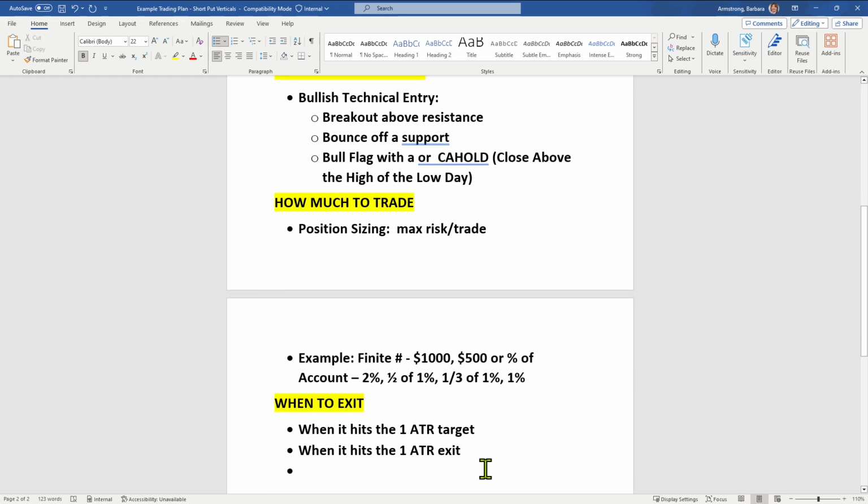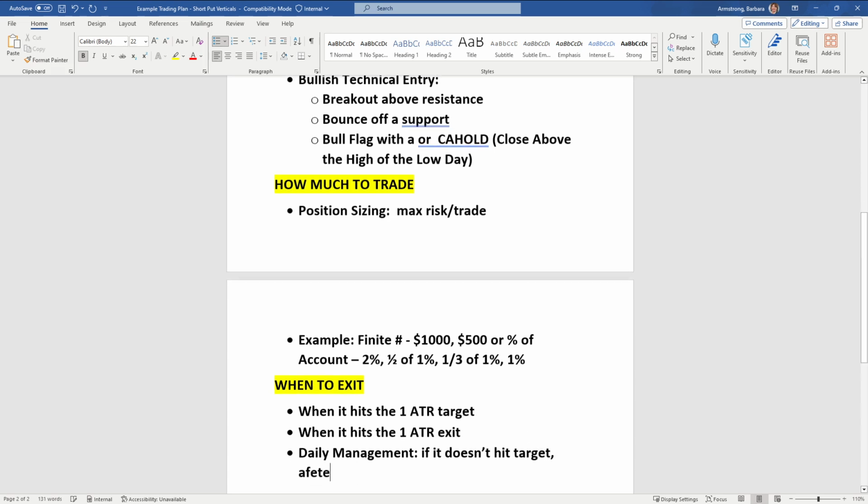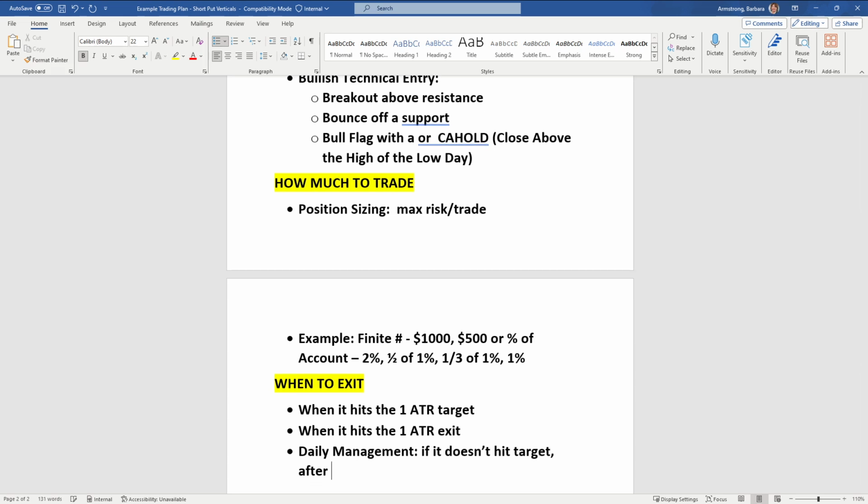So, as a daily management process, you might say, if it doesn't hit the target, after the market close, I'm going to adjust the stop or the exit daily to, and then it depends on the price of the stock.